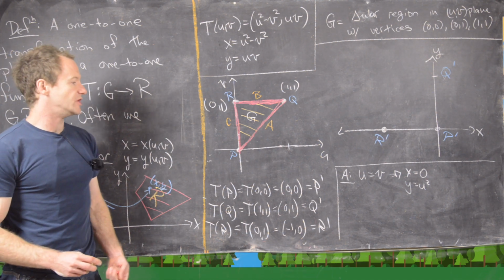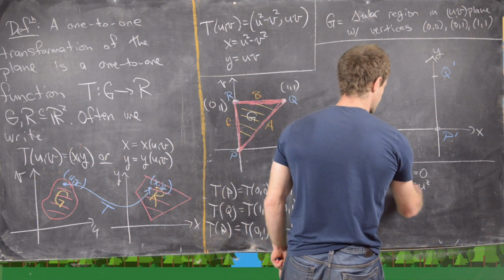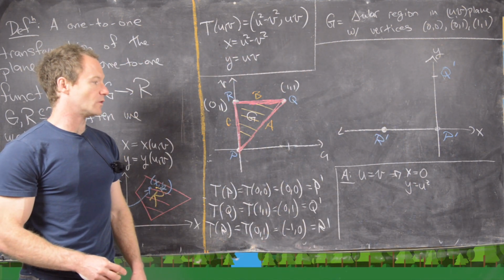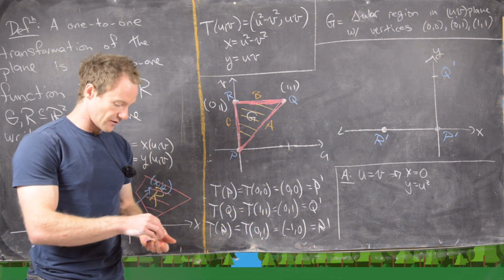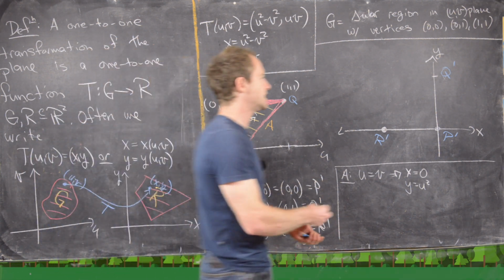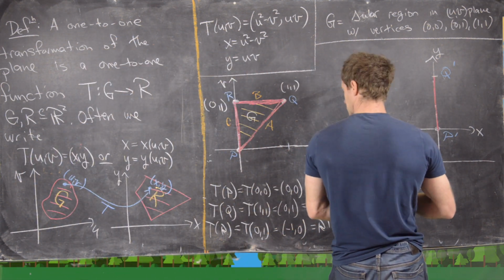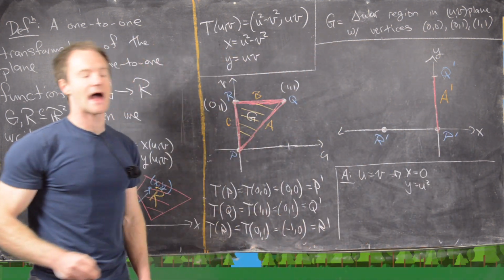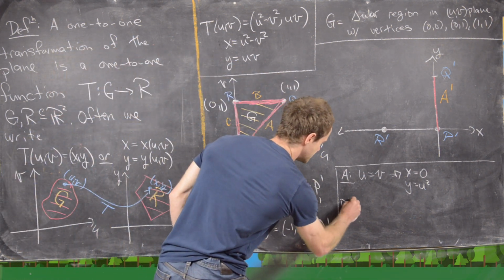But now u goes from 0 to 1, so really we have x staying at 0, and then y is going from 0 to 1. So in other words, we get this line right here. So this is given by A prime. So that's what we'll call the output of this. Okay, great. So now let's look at B.